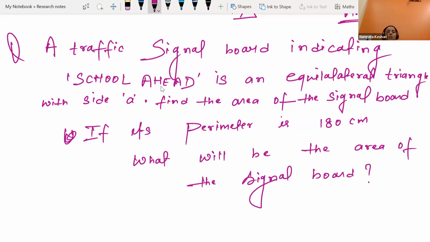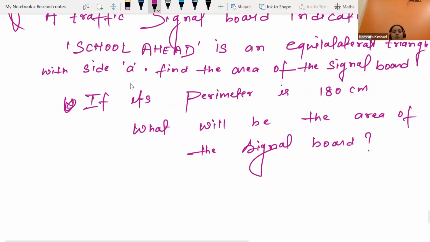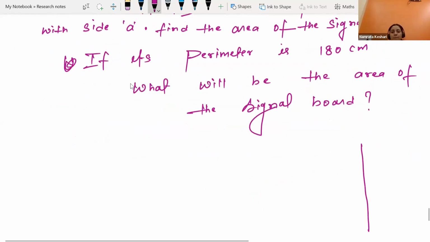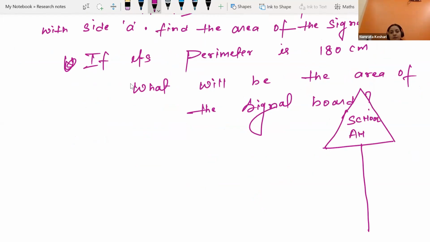A traffic signal board indicating school ahead. Have you seen this type of board? Must have seen, right? At the corner of the road sometimes. Okay, school ahead.